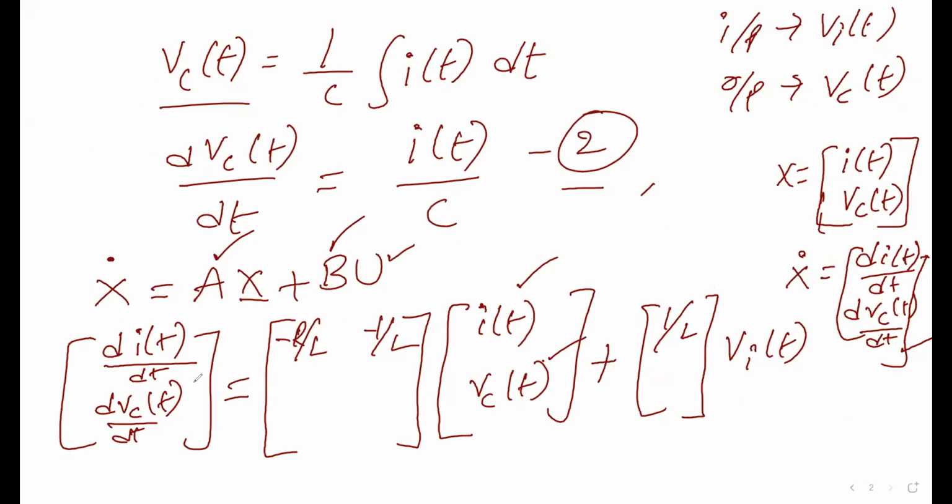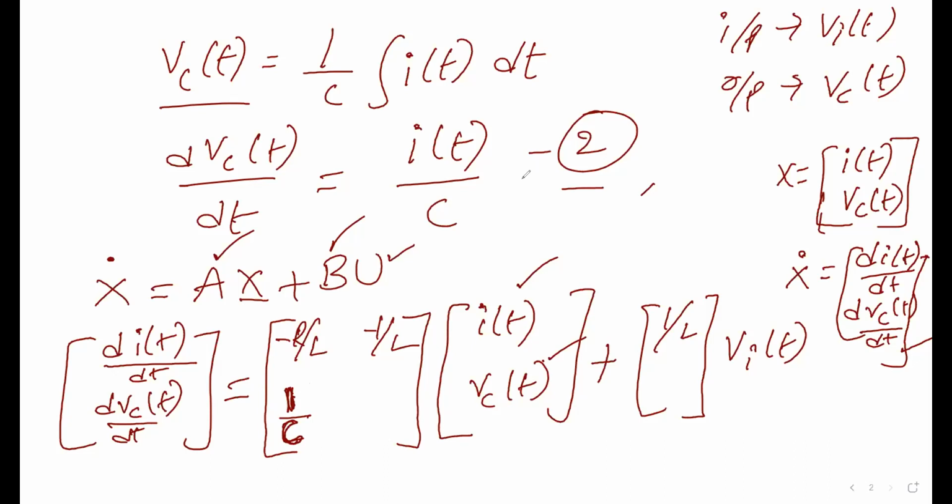dVc of t by dt. Is there any I of t term? What is the coefficient of I of t in the second equation? 1 by C. Right. What about the Vc of t term in the second equation?